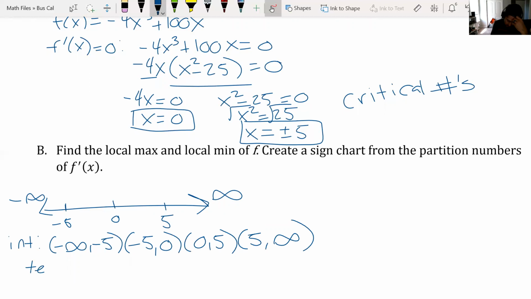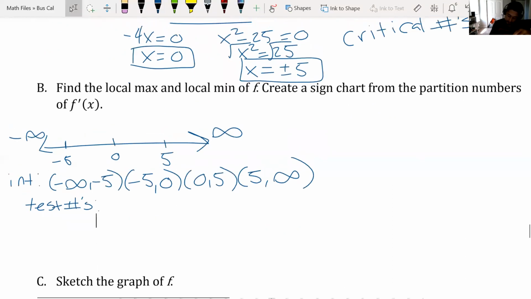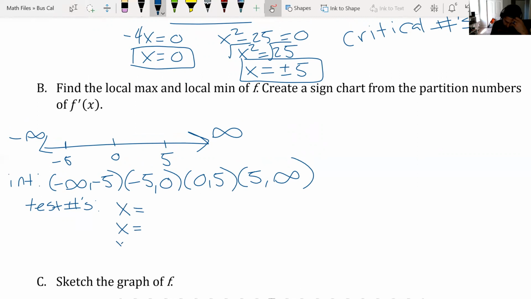Now pick your test numbers. And here we're going to have 4 test numbers, yeehaw. For the first, negative infinity to -5, we pick -6. -5 to 0, we'll pick -1. 0 to 5, we pick 1. 5 to infinity, we pick 6.